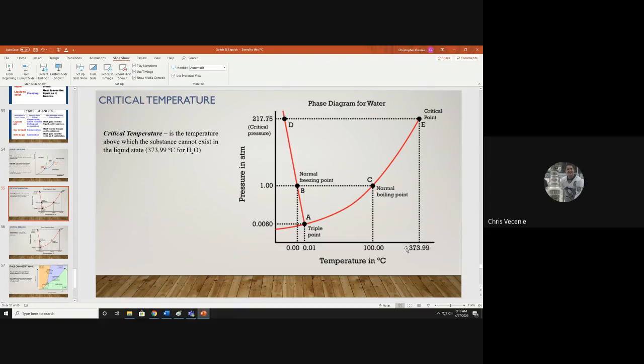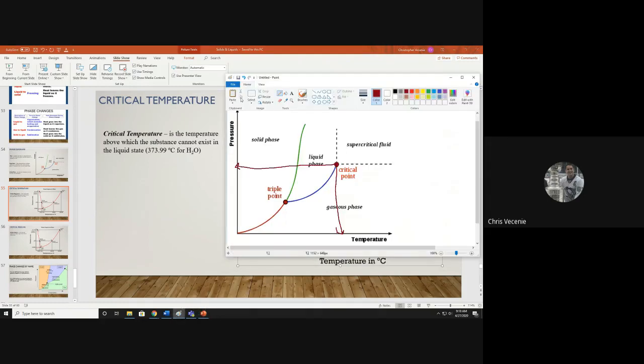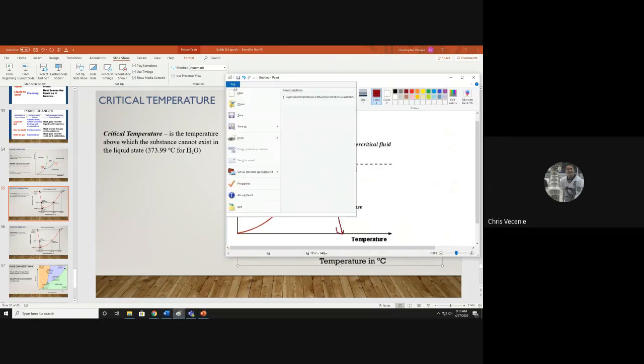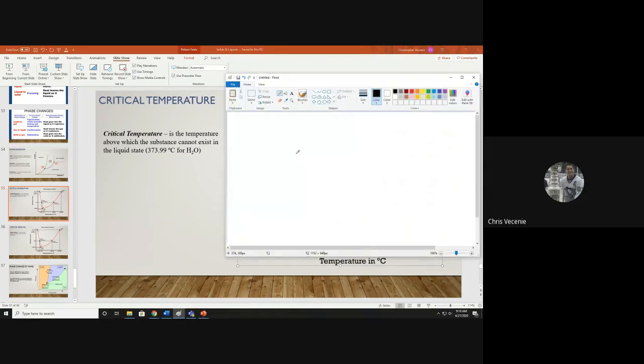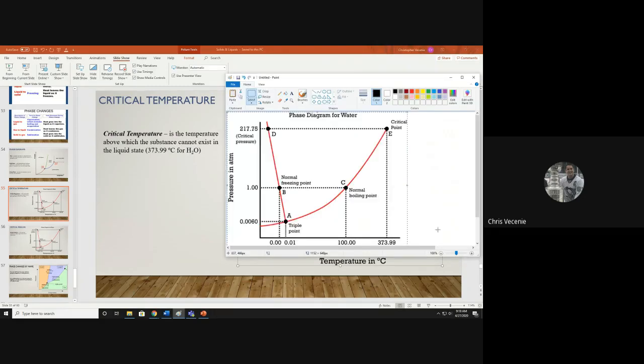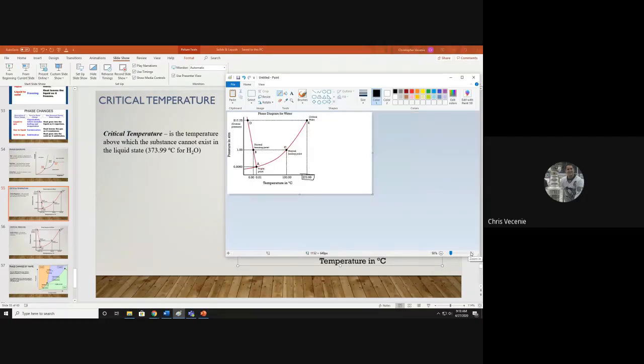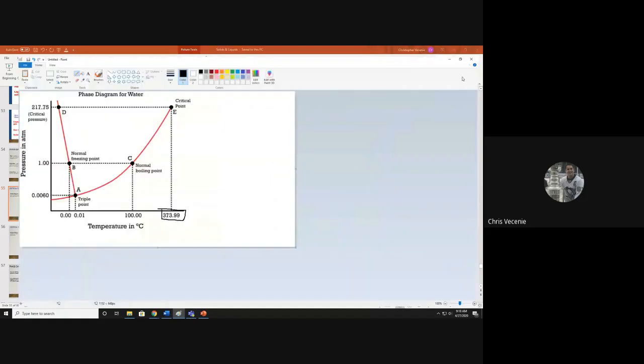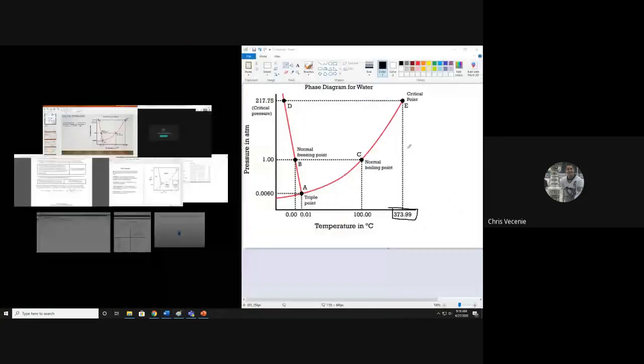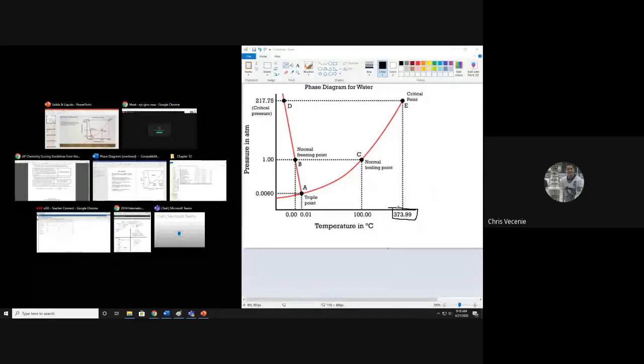If you look down here on the x-axis, you can see that value right down here.